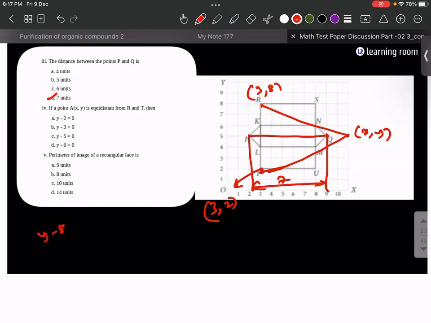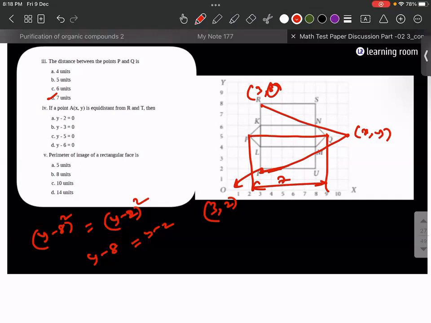So y minus 8 the whole square plus x minus 3 the whole square is equal to y minus 2 the whole square plus x minus 3 the whole square. They both get cancelled. So y minus 8 is equal to y minus 2.